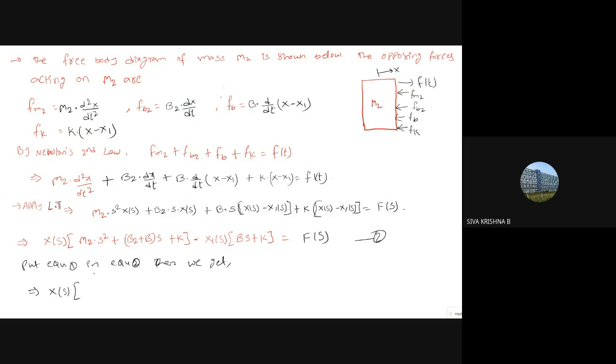x of s into m2 s square plus b2 plus b into s plus k.